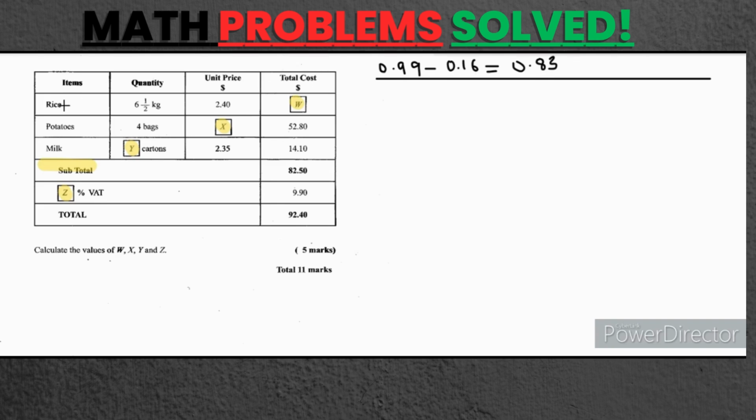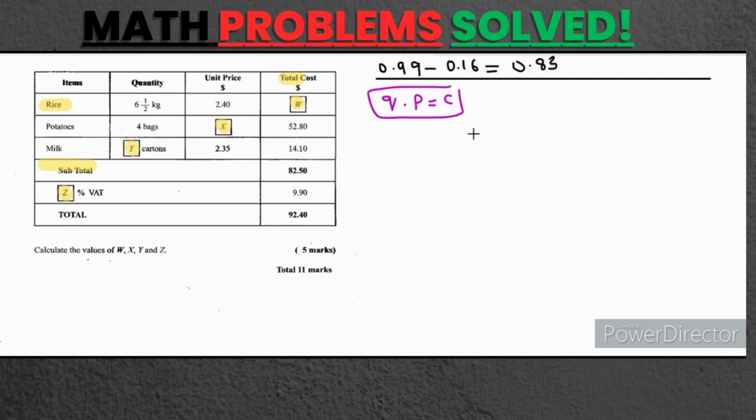So first of all, we will take the first row here, and the item is the rice. Quantity and unit price are given to us, and we have to calculate the total cost. So you should know, if we represent the quantity as Q, the unit price as P, and the total cost as C, then this is the relation between these three values, right?